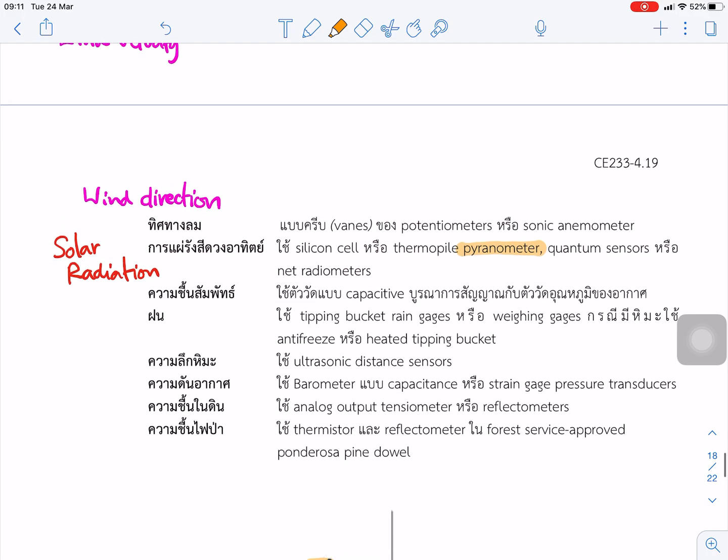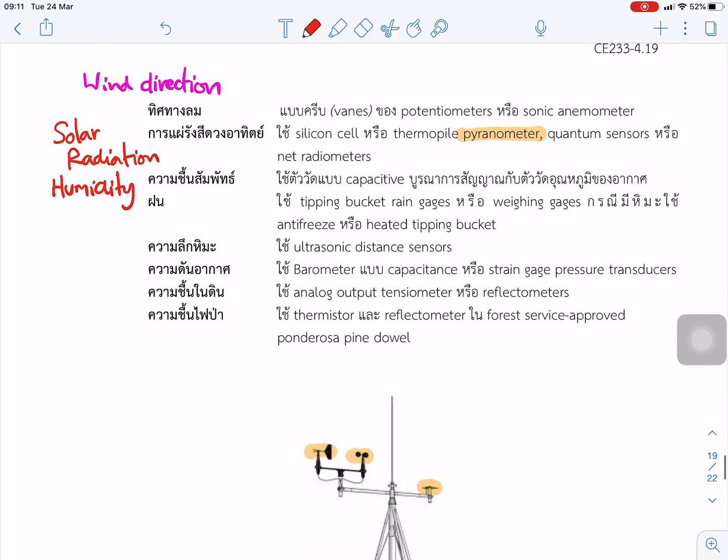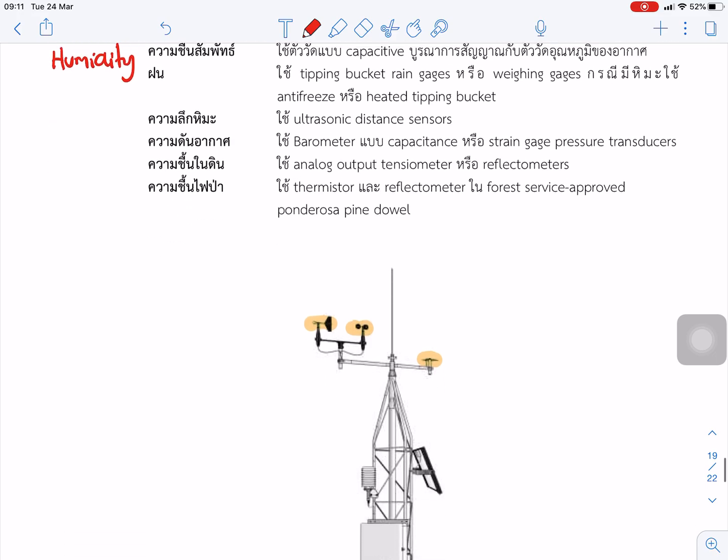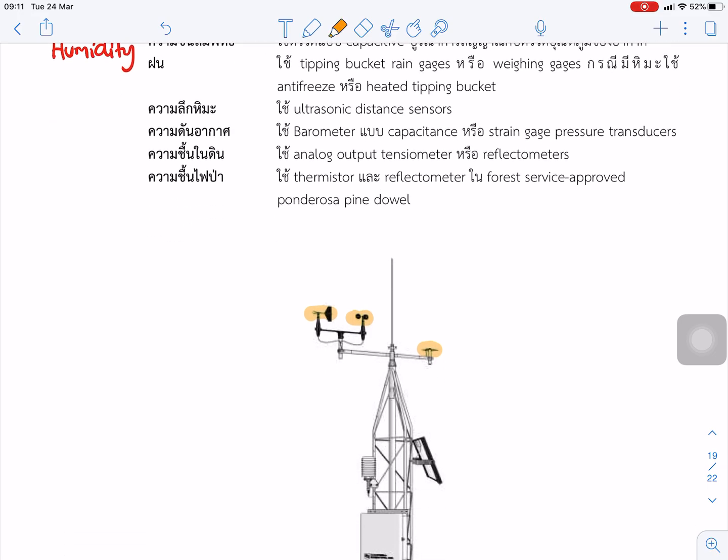And next, we can measure the humidity. We can use this instrument to measure the humidity and temperature.